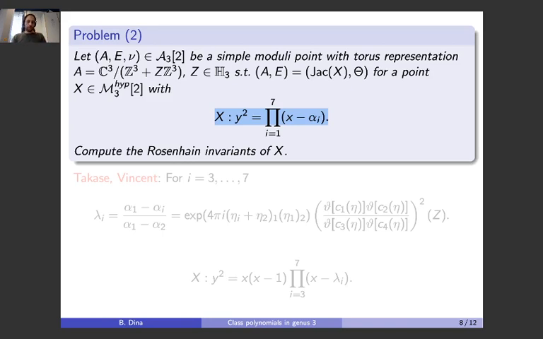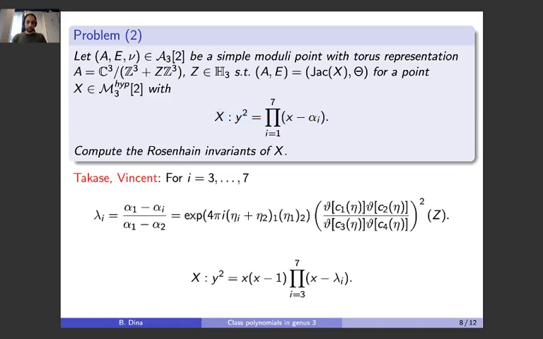Compute the Rosenhain invariants of X, and for that, computationally we are using Takase's, respectively Weber's, formula, and we are computing the lambda i after normalization as expressions in these theta quotients.